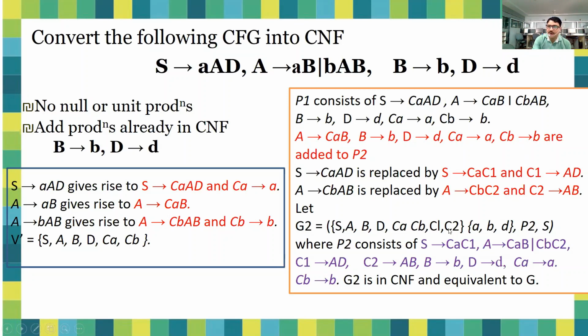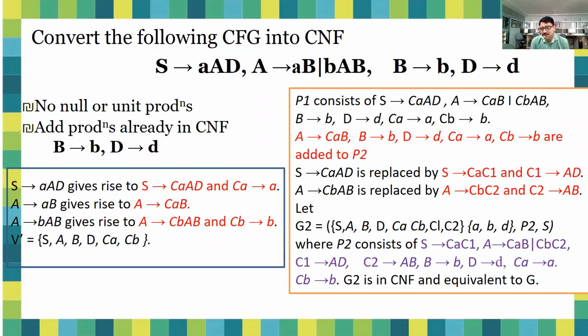The set of terminals will be small a, small b, and small d. All these are the terminals. The new production rule set will be P2, and S will be the start symbol.